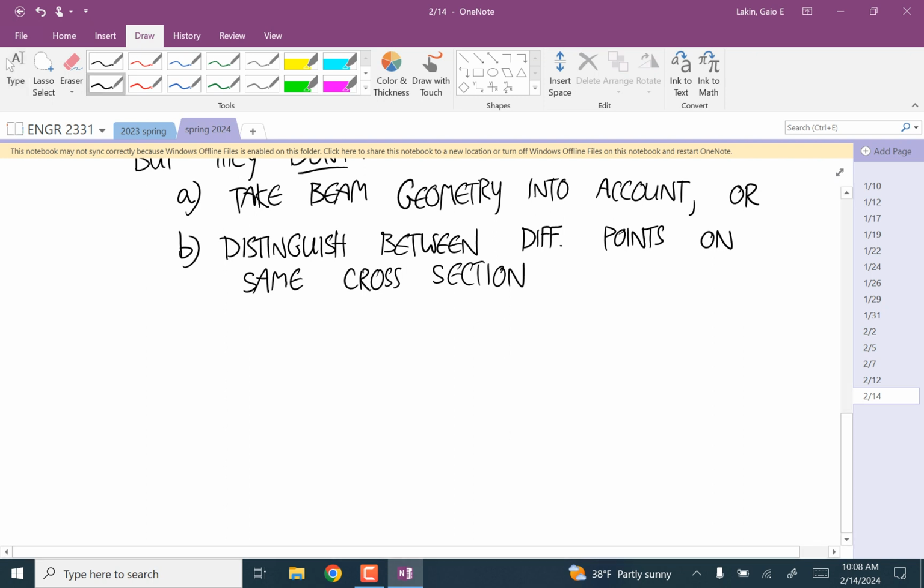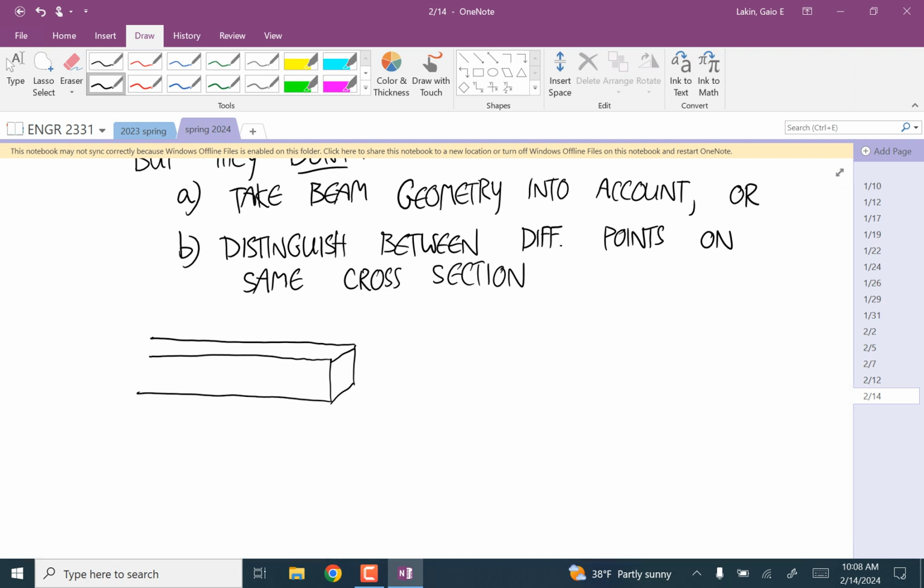So if this is a beam, and at that cut there, we know that there's some internal loads. Well, we can calculate the internal loads at that cut, but we can't say anything about what's the difference between the stresses at those two points, or at the middle versus the end here.